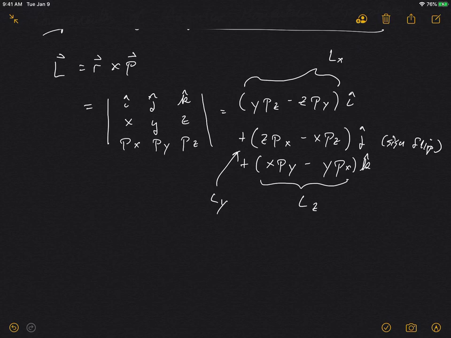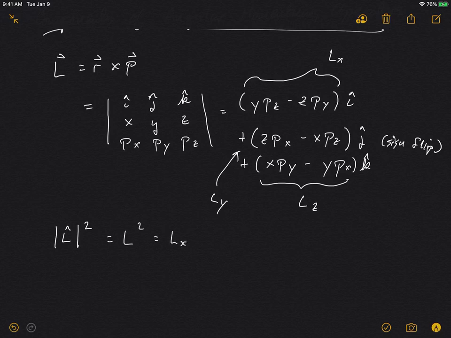And so there's a couple of ways we can try to keep track of this. We can try to keep track of all three components. That turns out not to be mathematically easy to do. However, we can define the amplitude of L squared, which we'll just call L squared.